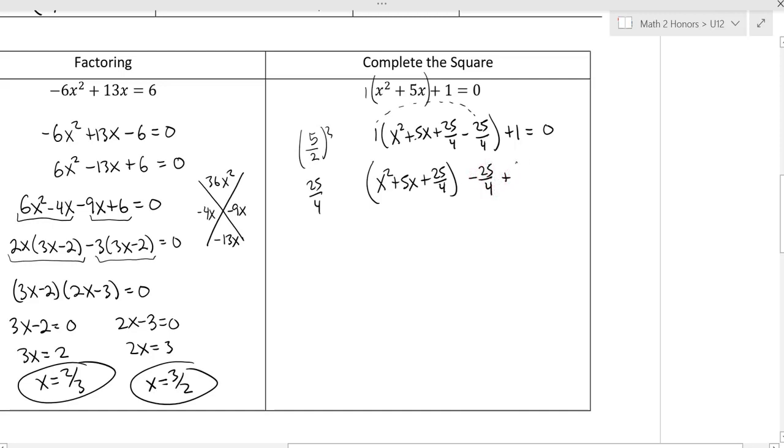Instead of writing 1, I'm going to write 4 over 4 so that I can work with our fraction here. I'm going to factor the three terms in the parentheses using the shortcut, which is always going to be x plus b over 2, in this case 5 over 2 squared, and then we have minus 21 over 4 equals 0. Add 21 over 4 to both sides.